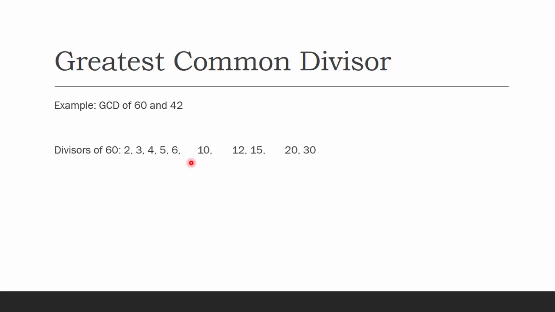So this is a list of the numbers that can divide 60.